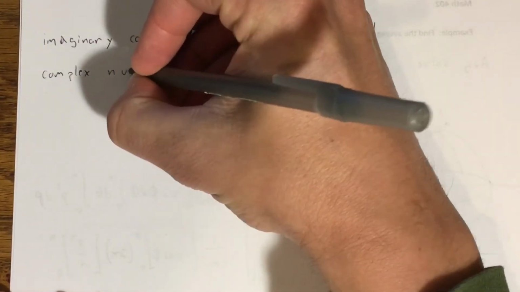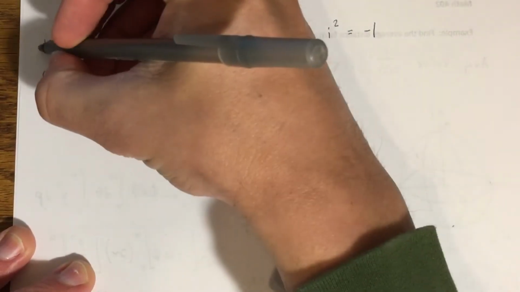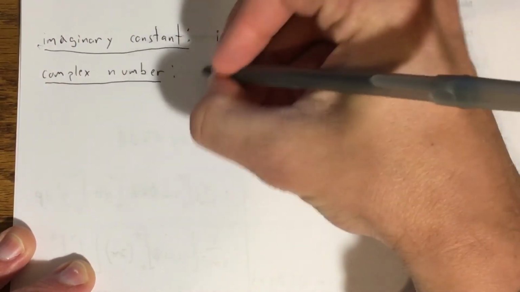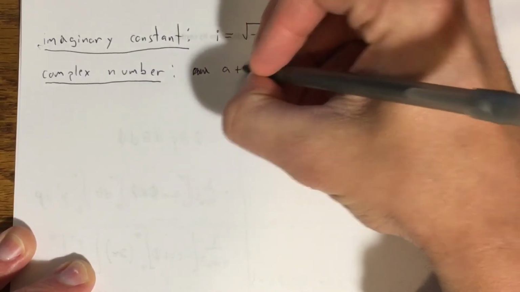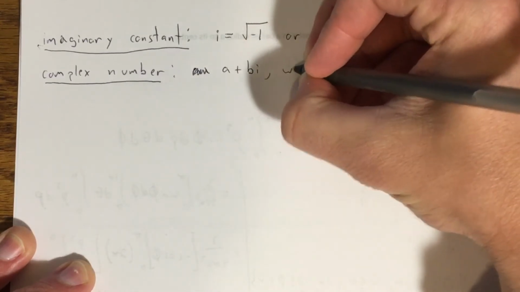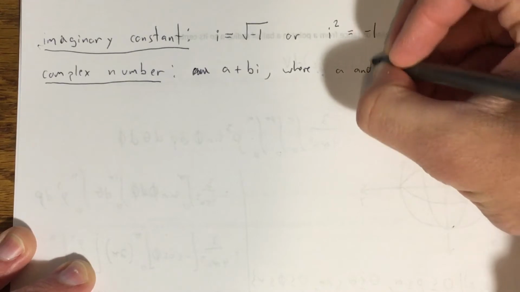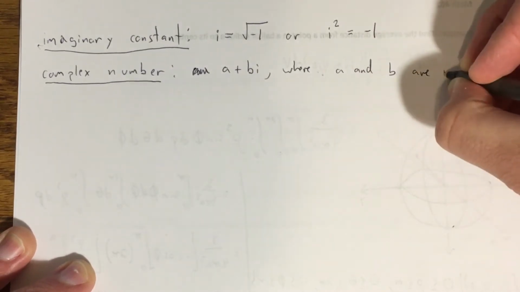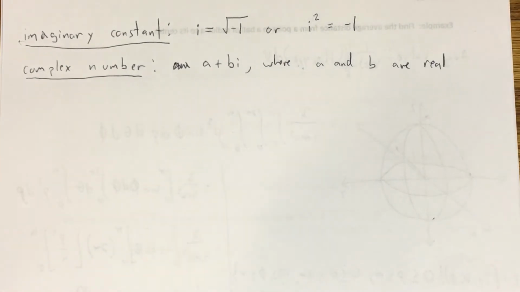Well, a complex number is any number of the form a plus bi, where a and b are real, meaning real numbers. Real numbers are the set of all numbers that you are already familiar with. Positive, negative, rational, irrational, doesn't matter.